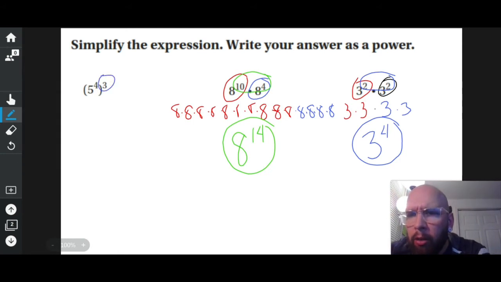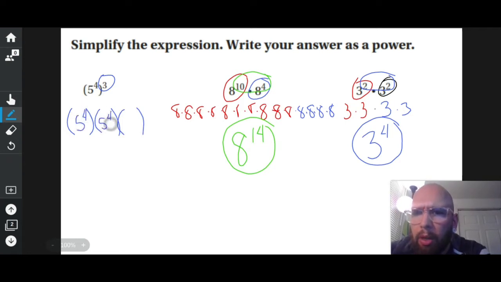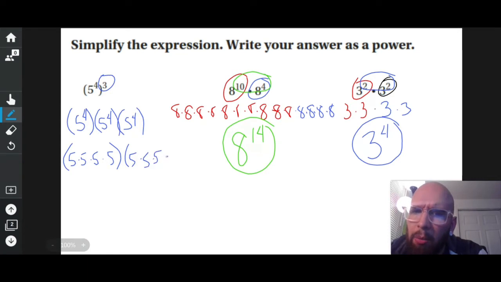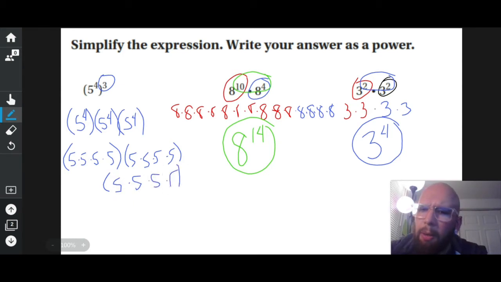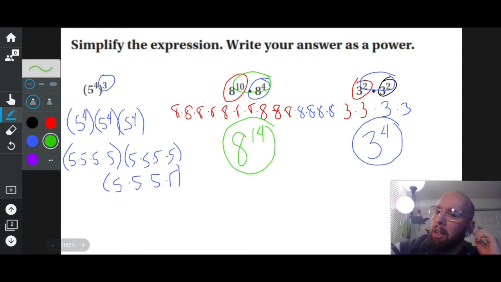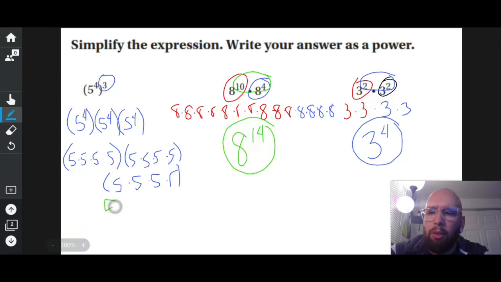Third power. What's taken to the third power? 5 to the 4th times 5 to the 4th times 5 to the 4th. So each parentheses is going to be 5 times 5 times 5 times 5, 5 times 5 times 5 times 5, 5 times 5 times 5 times 5. 1, 2, 3, 4, 5, 6, 7, 8, 9, 10, 11, 12. 5 to the 12th.